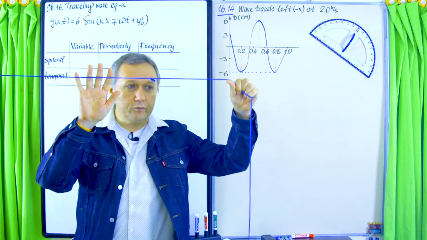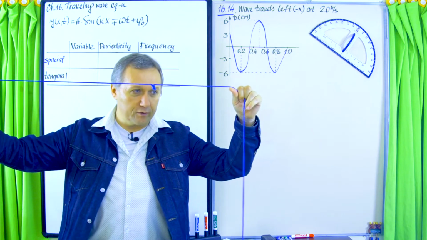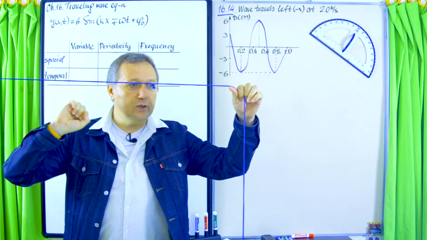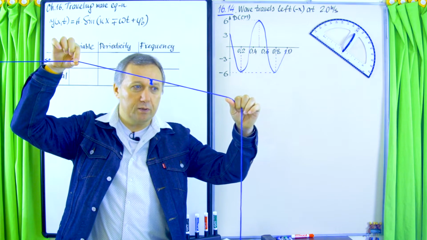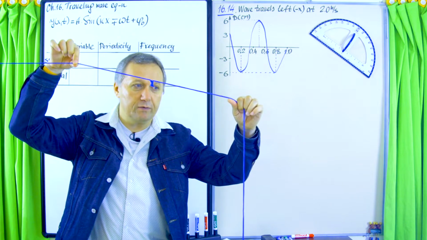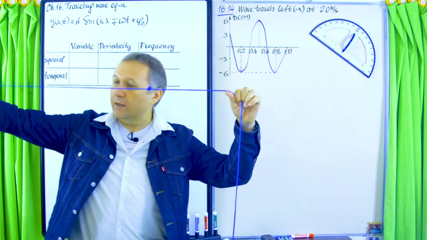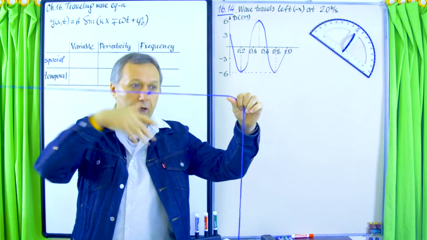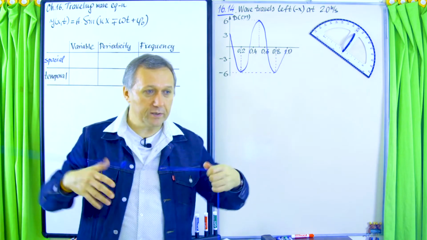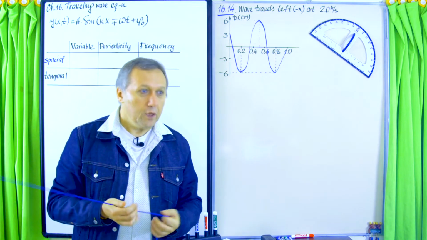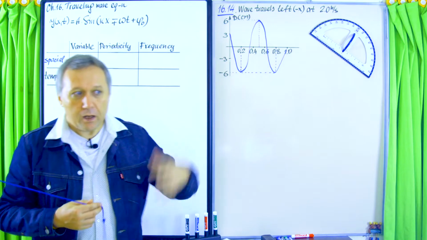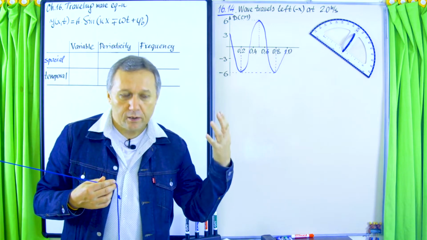If I take this chord right now, there is no disturbance. So right now this chord is in equilibrium. But if I displace it, if I create, for example, this disturbance, and I release it, of course, it will start traveling in that direction and that direction. So I create a disturbance, and it starts propagating through the medium. So I created the wave. Of course, there are two types of waves: longitudinal and transverse.